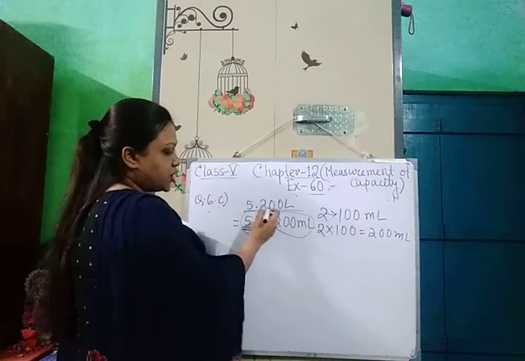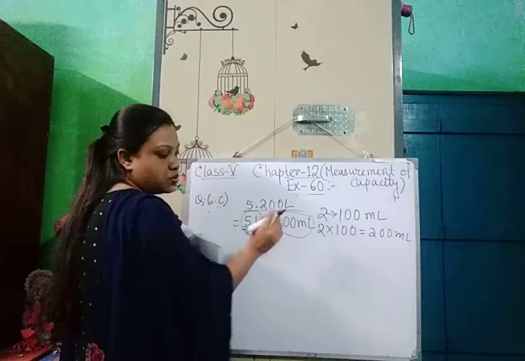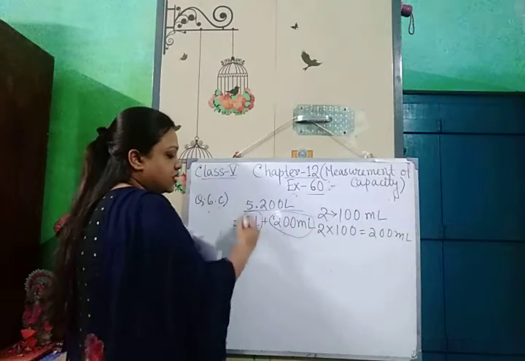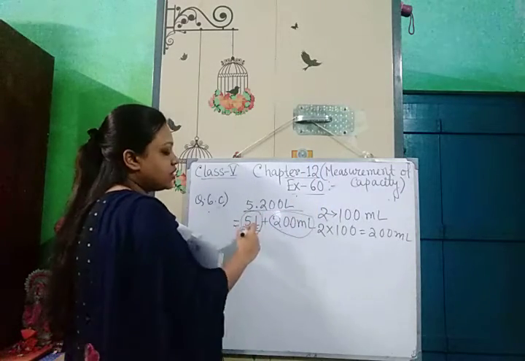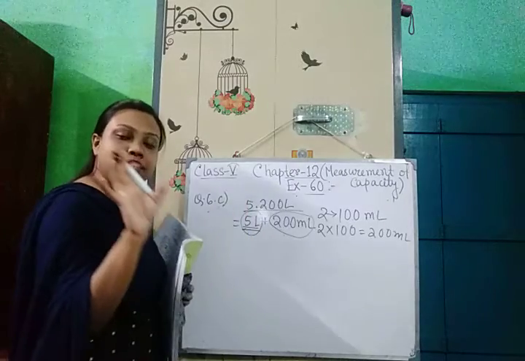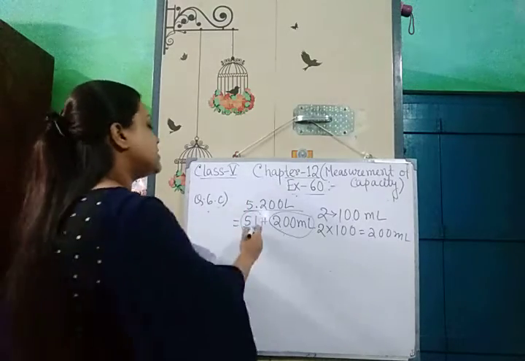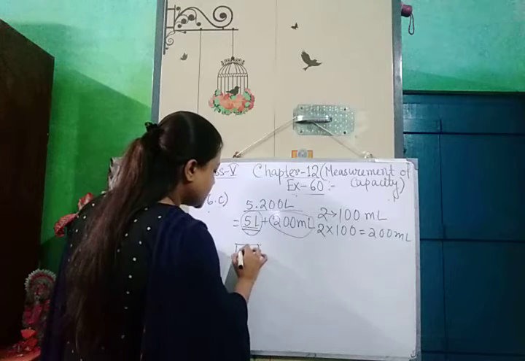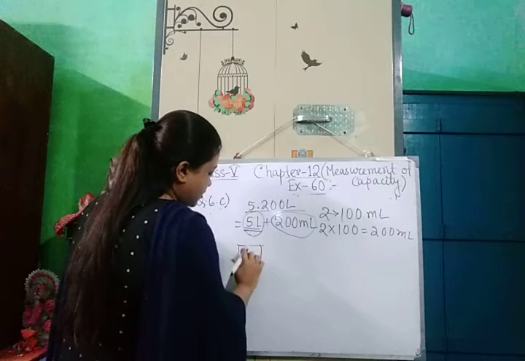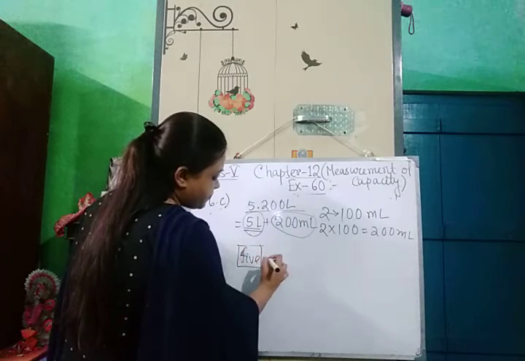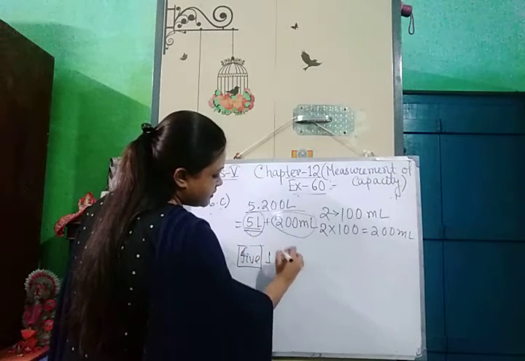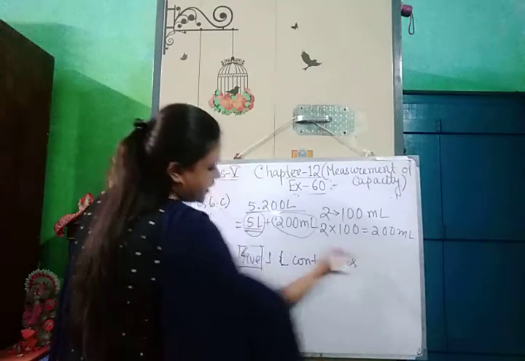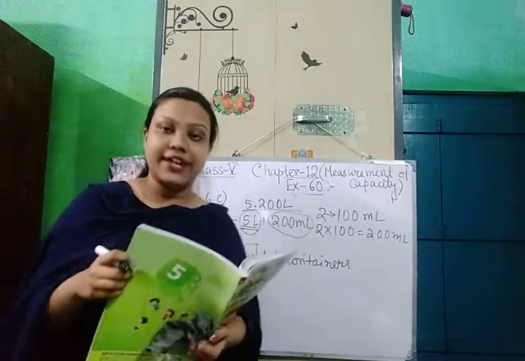So 5.200 liter means 5 liter and 200 ml. 200 ml is already measured. Now 5 liter is remaining. We will need 5 one-liter containers to measure this remaining 5 liter. So in the box you will write 5.